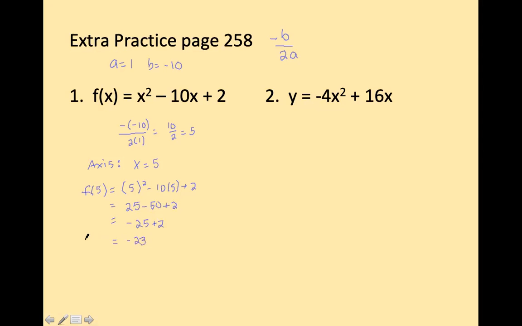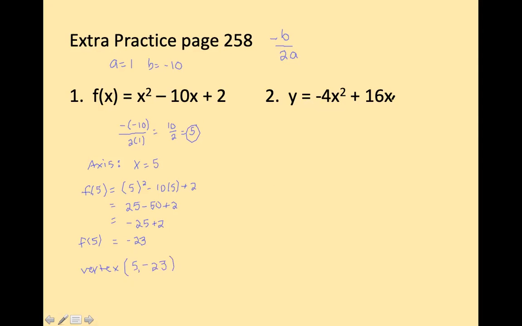So that's the y coordinate of our vertex, or the value of the function at 5. So our vertex is, remember, write your x coordinate first. Our x coordinate was 5, way back in that first step. And our y coordinate is negative 23.